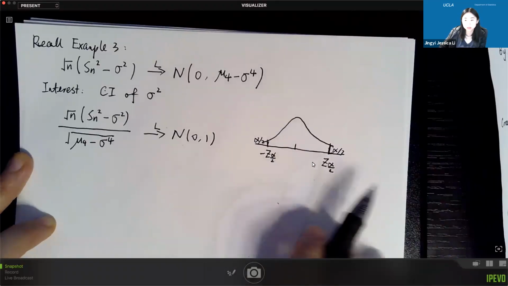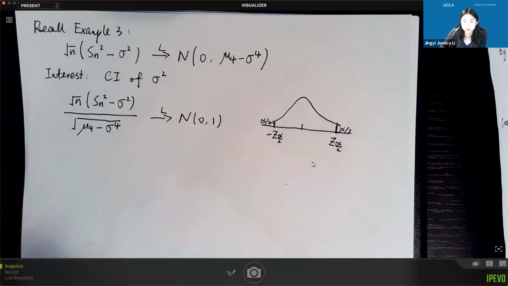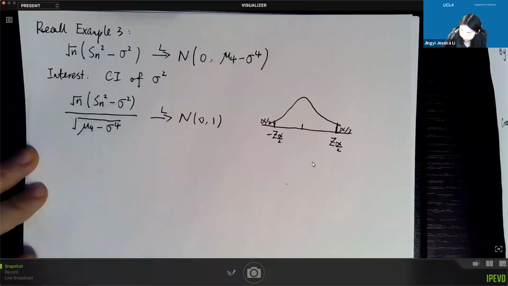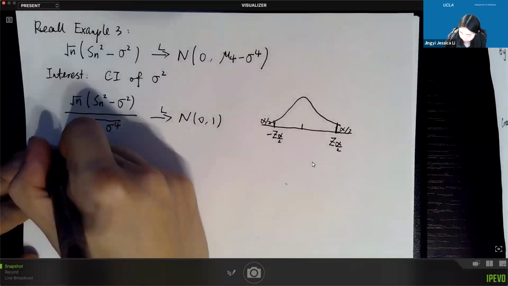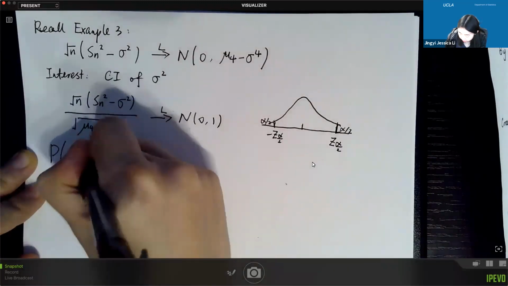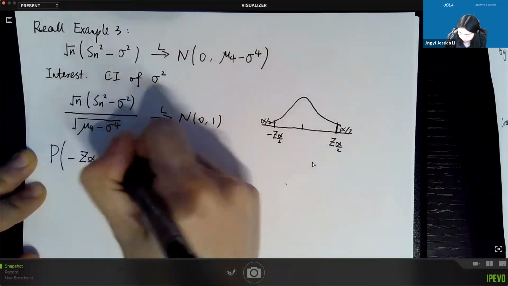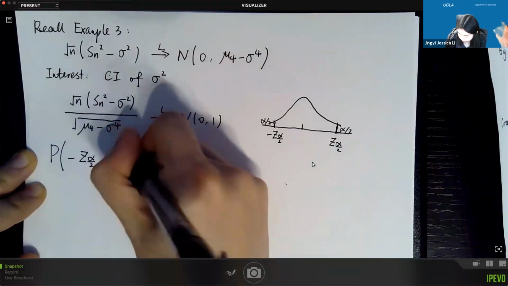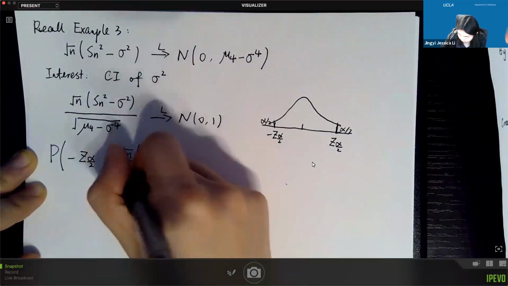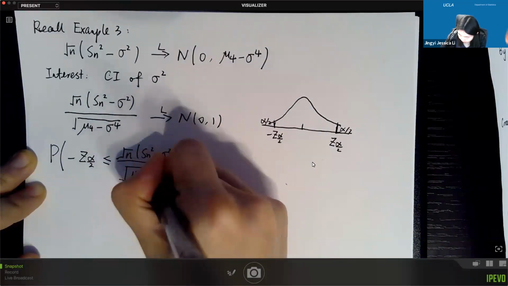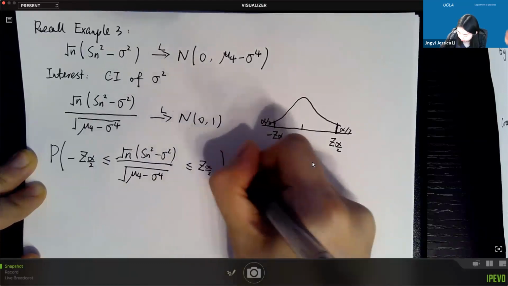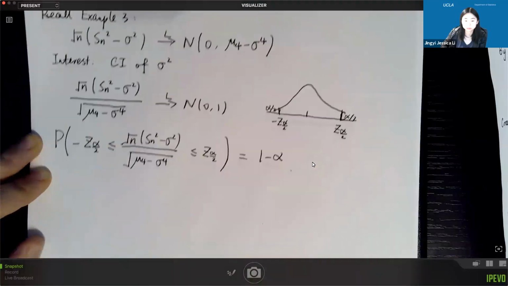These are the two critical values we use to build confidence intervals. So we can say that the probability that this quantity is between negative z alpha over 2 and z alpha over 2 is 1 minus alpha.